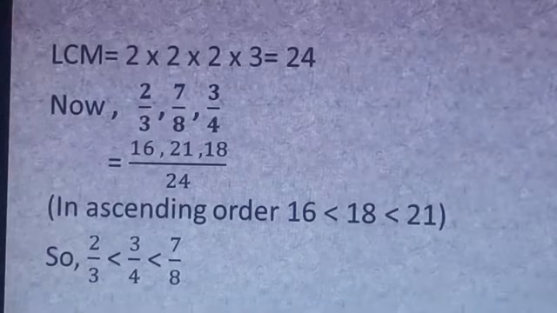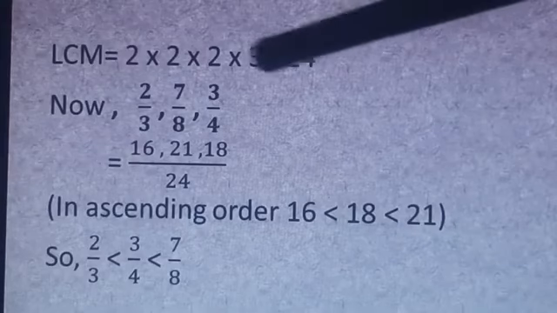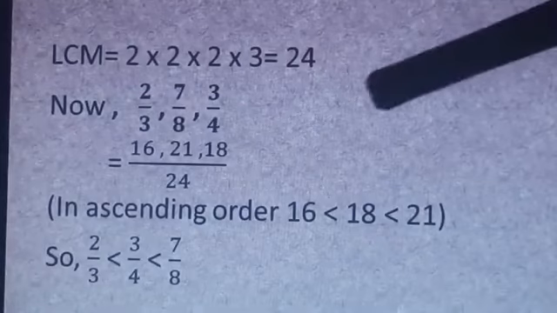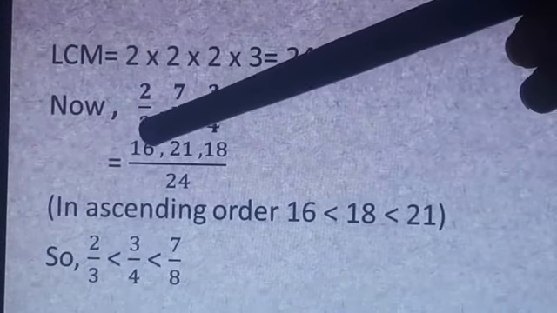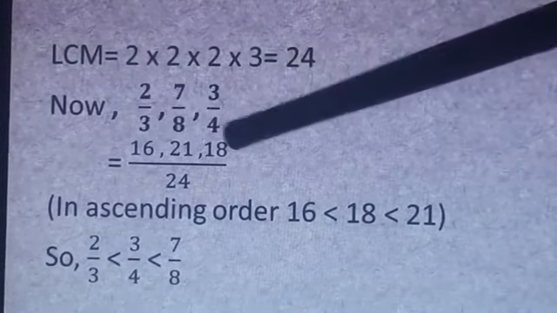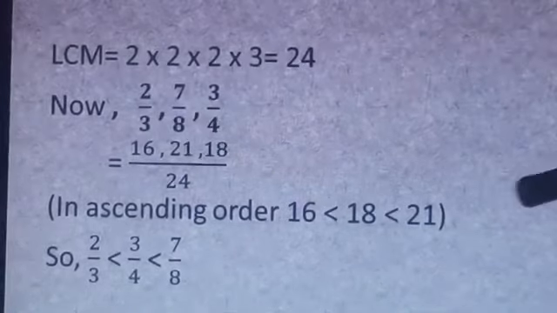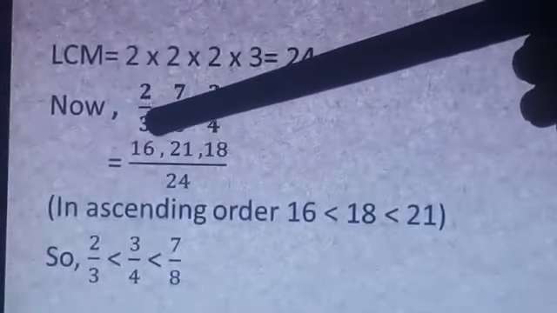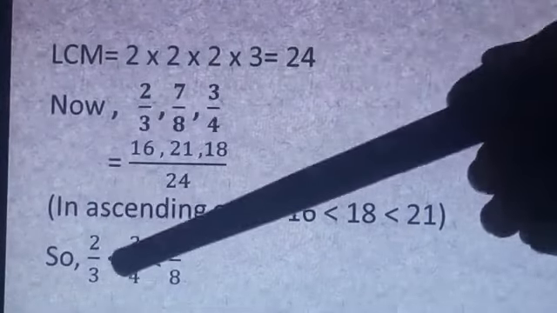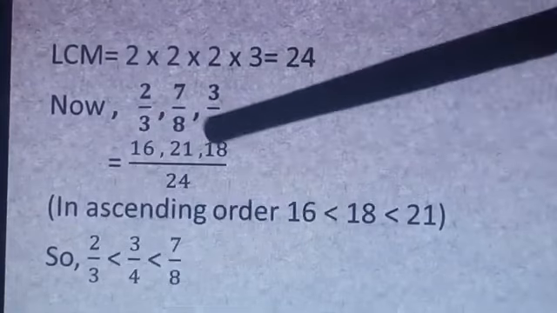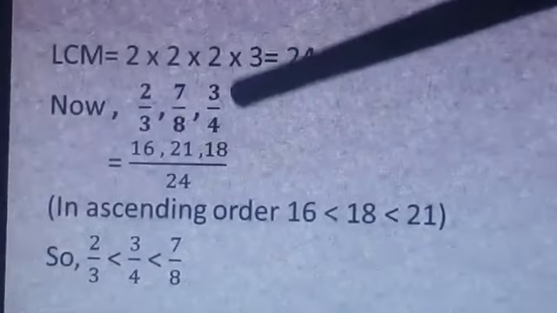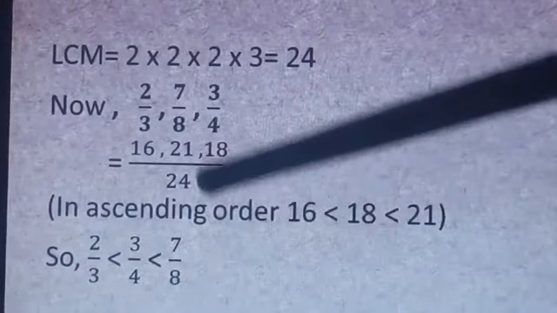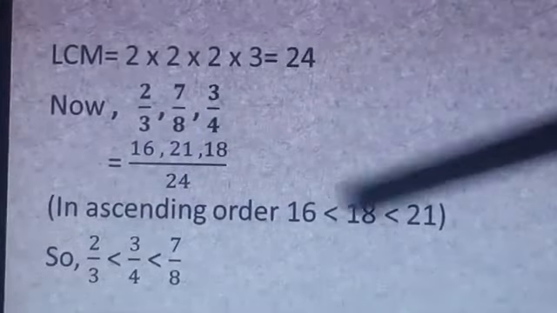We have to arrange in ascending order. In ascending order we know that it goes from smaller to bigger, छोटे से बड़ा. So smaller is 16, then next is 18 and then next is 21. So the ascending order is 16. 16 कहाँ से आया बेटा? 2 upon 3. 2 upon 3 is less than 18, and 18 has come from 3 upon 4. 2 upon 3 is less than 3 upon 4 and 3 upon 4 is less than 7 upon 8.